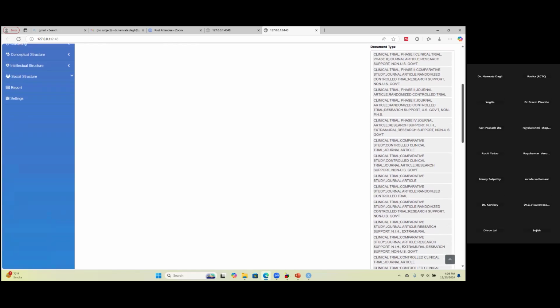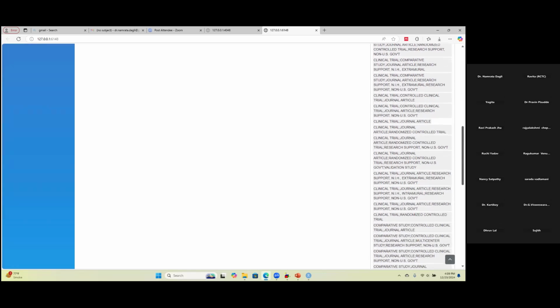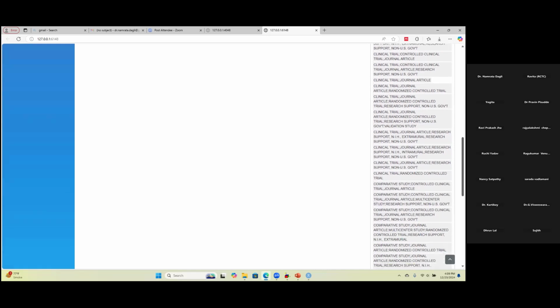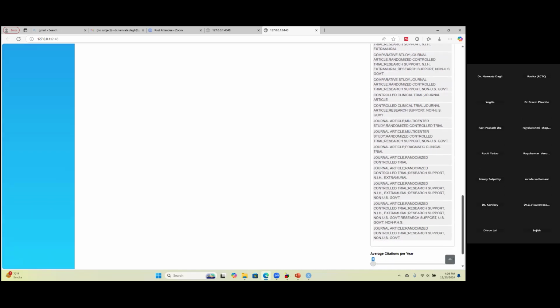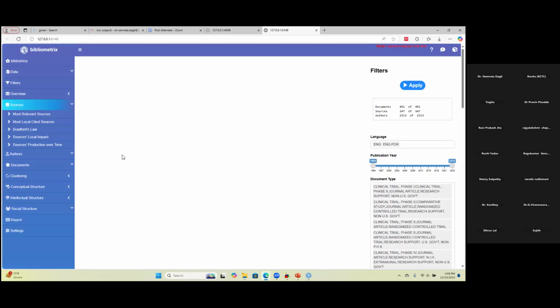You can see which types of documents are included and check, for example, whether you have excluded editorials; if you see an editorial here, you can go and exclude that particular article. So it gives you general detail about your data: how many documents, how many sources, how many authors.